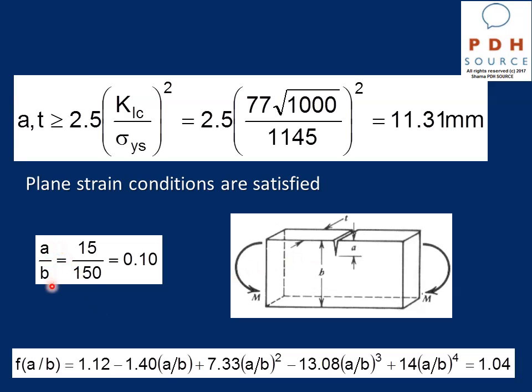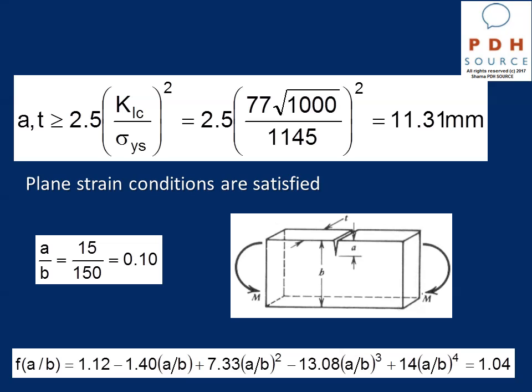So a over b, where a equals 15 and b is the height, or the depth, of the beam, equals 150 millimeter. So we have a over b equals 0.1. If we plug this ratio into this equation here, we get 1.04.